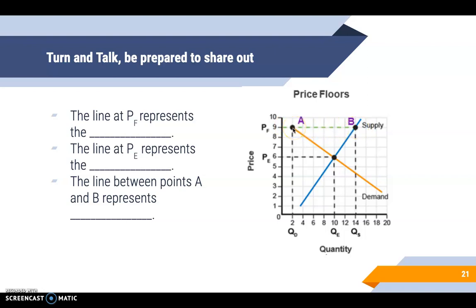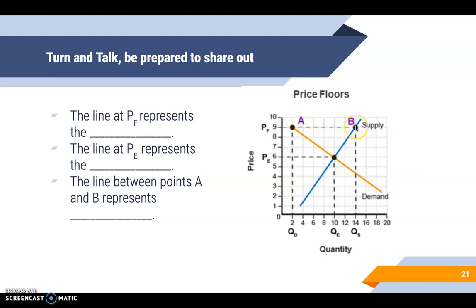So the line at P of F right here, this is representing the price floor that is put on the market, okay? The line at P of E represents the price at equilibrium. So this is the price that it's set at, but this is the equilibrium price. The equilibrium price is $6, but they're saying that minimum wage is $9, and so this right here is our surplus.